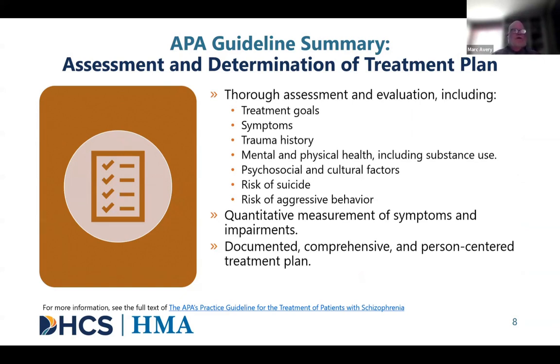Okay, so the assessment and determination of a treatment plan itself has a few parts to it. And the first is the thorough assessment.